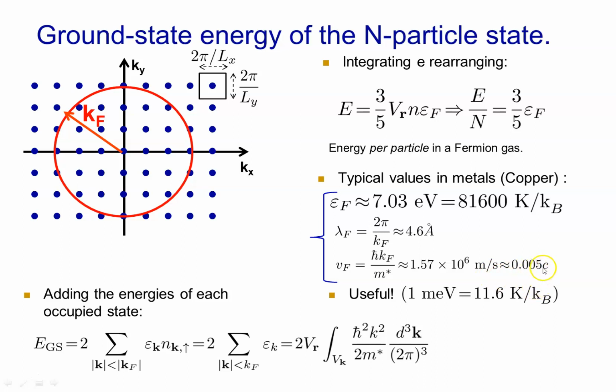That's 3 orders less than the speed of light. So this here is important. This is essentially the reason why we don't consider relativistic effects in our fields. So we're doing Schrödinger's equation, not Dirac's equation.